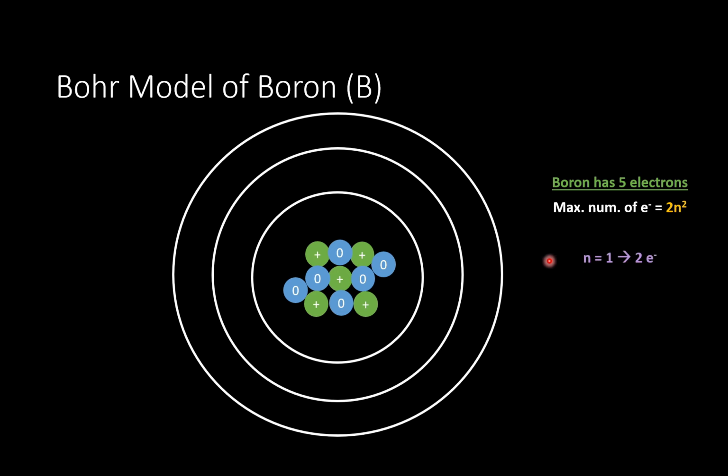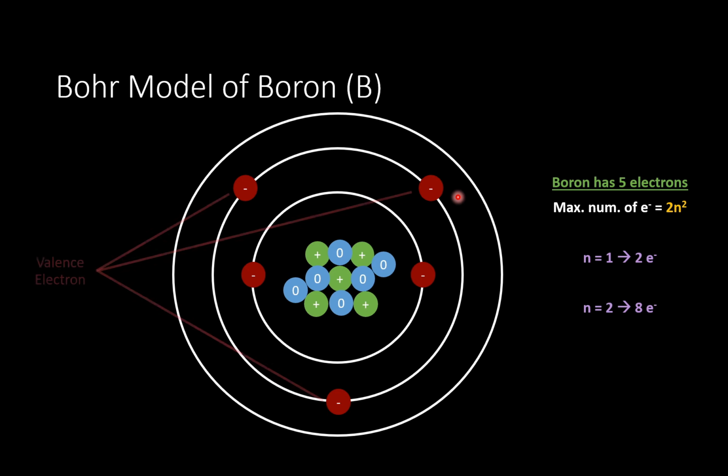So let's fill in those 2 electrons. Now we have 3 electrons left, and we know that the second ring can hold a maximum of 8 electrons. So it means in the second ring, we're going to have 3 electrons. So what that tells us is that boron has 3 valence electrons.